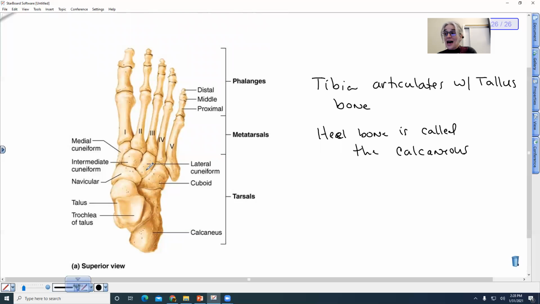So this is the lateral cuneiform, the intermediate cuneiform, and the medial cuneiform. And then this bone has a unique name, which is called the navicular. Okay. So these are the bones of essentially your ankle joint.